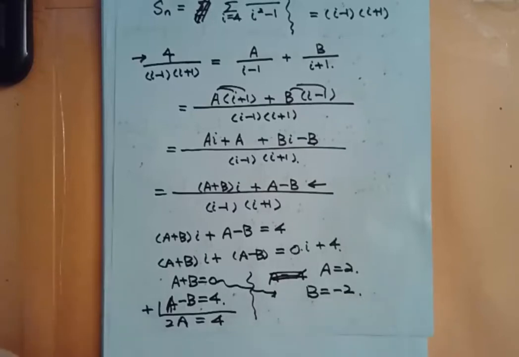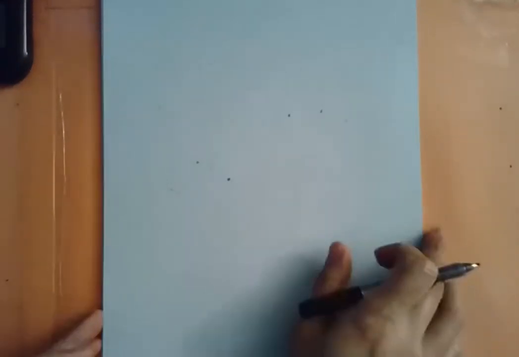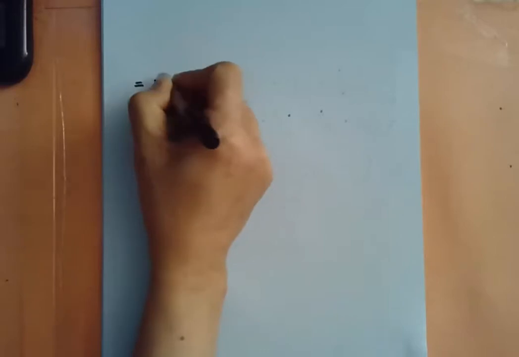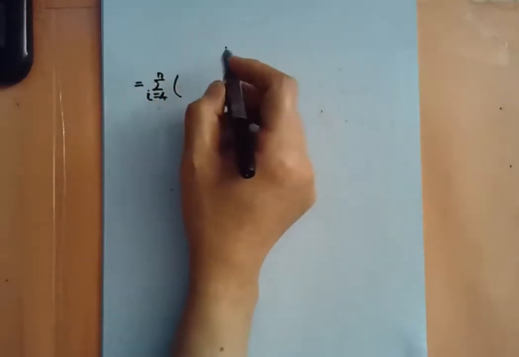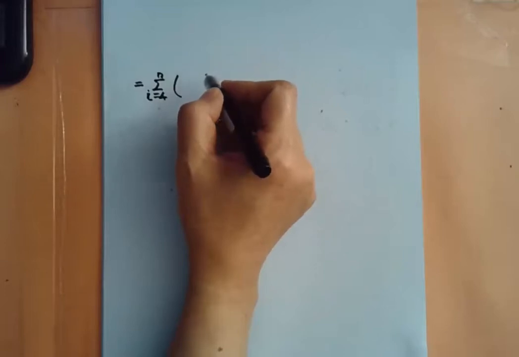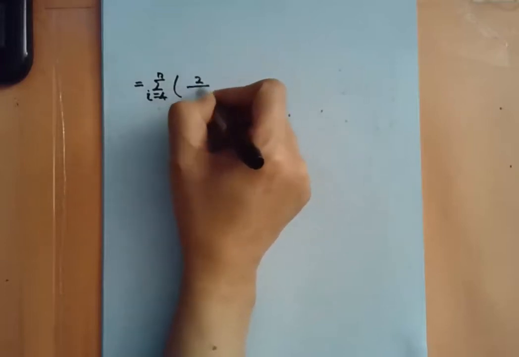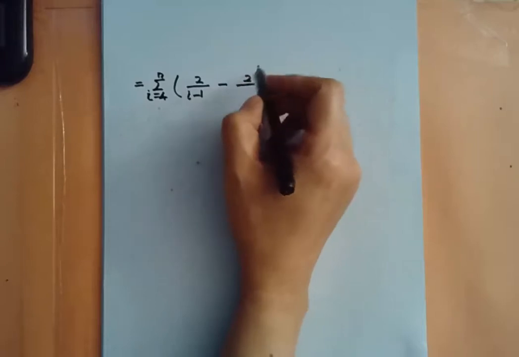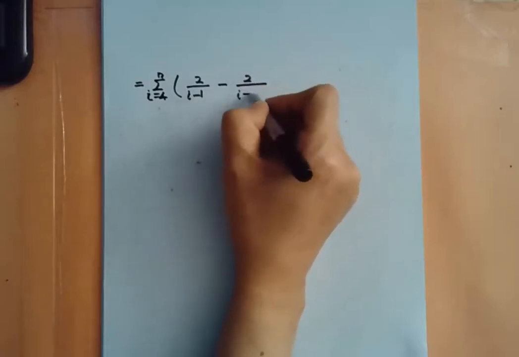So B is -2. So A was 2 and B is -2. So the fraction is 2 over (i minus 1) minus 2 over (i plus 1).